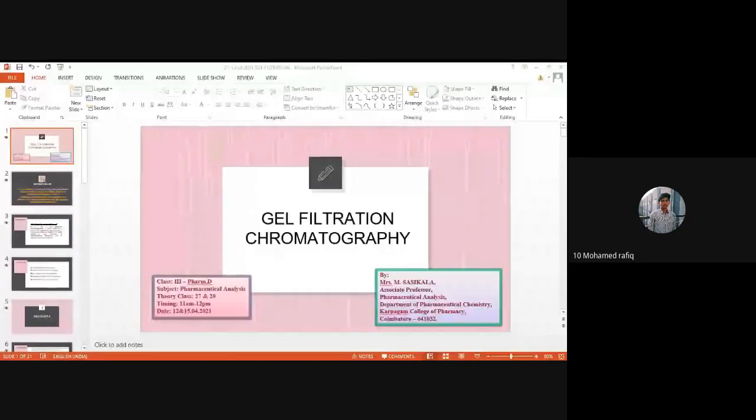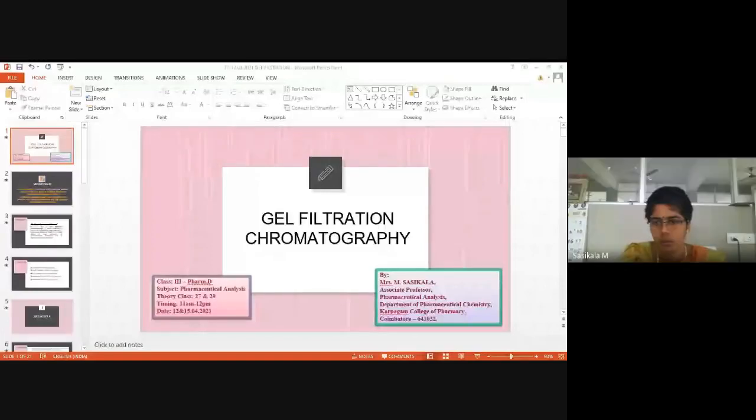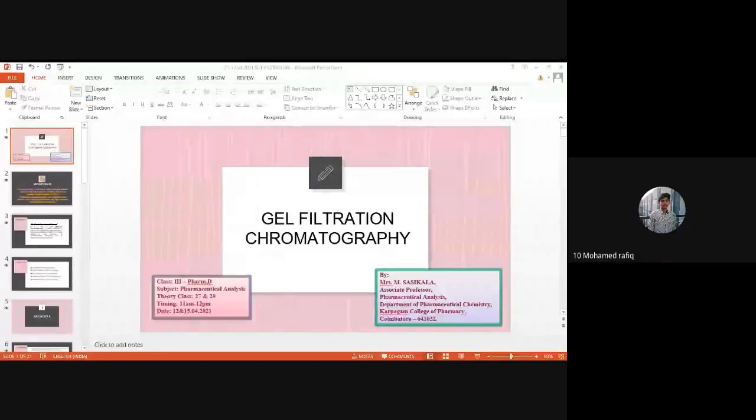Gel filtration was invented by Grant Henry in 1964. It is a size exclusion chromatography, separated by size and molecular weight. Large molecules and macromolecule complexes are separated.